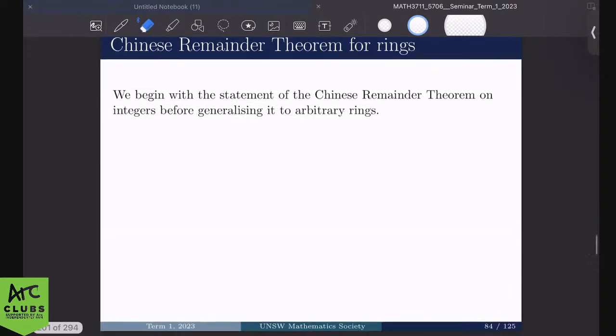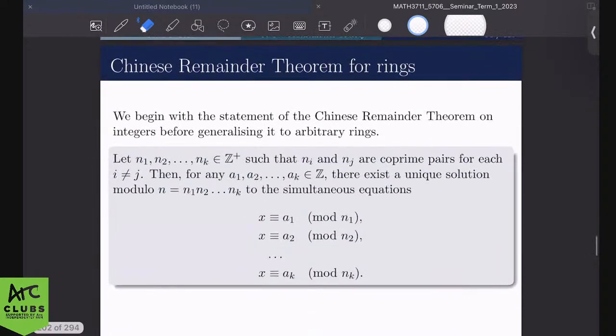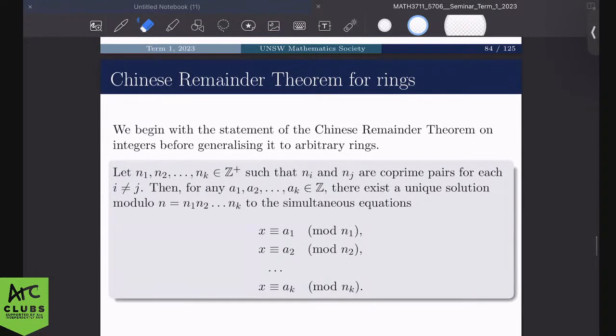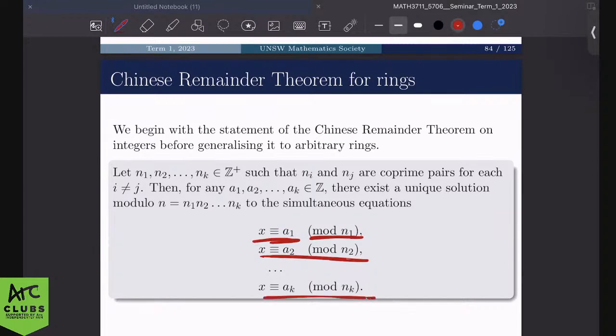Okay, so the Chinese remainder theorem is kind of like, we've got information about x. So x is equivalent to one number mod n1, it's equivalent to another number mod n2, and equivalent to a kth number, ak, mod nk. And it turns out that using this information, you can convert to and back to what the number is modulo n1, n2 down to nk, right? So that's basically what this statement is saying.